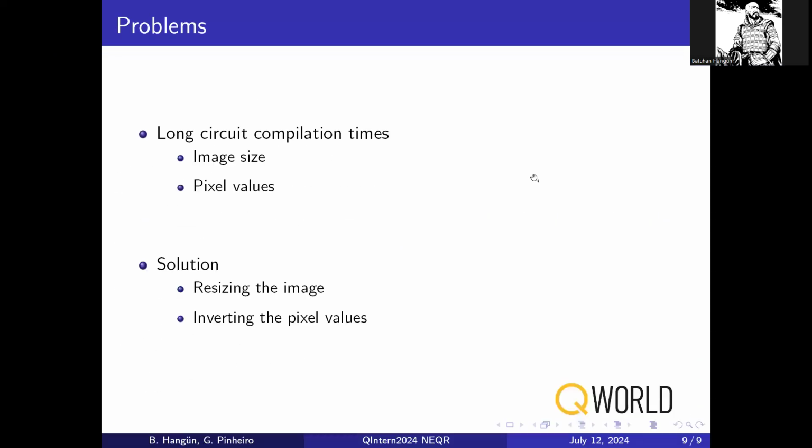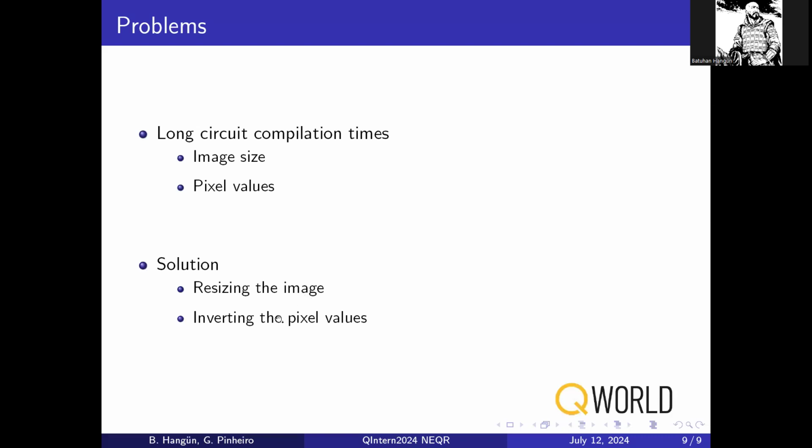While we were simulating our circuits, we faced some problems. The problems are about image size and pixel values, and due to those problems, we had very long circuit compilation times. To overcome this, we tried to resize images, downsampling them to a smaller version.